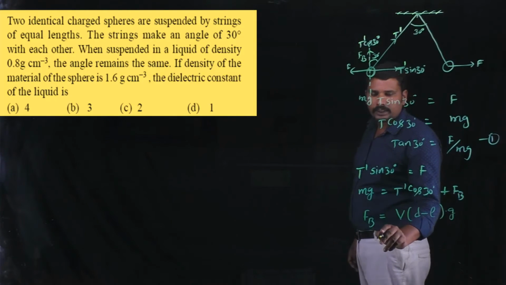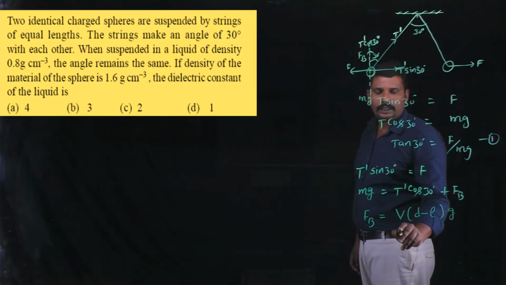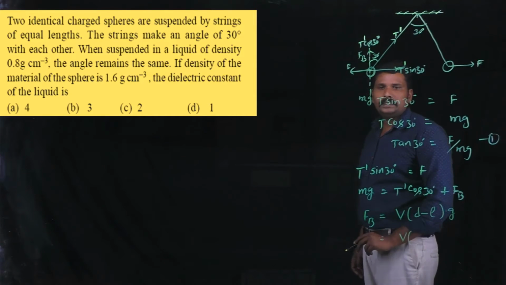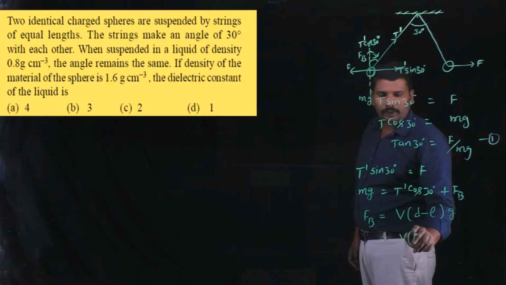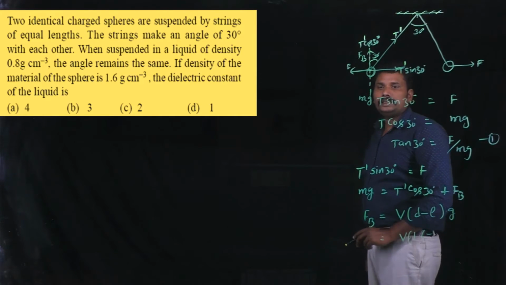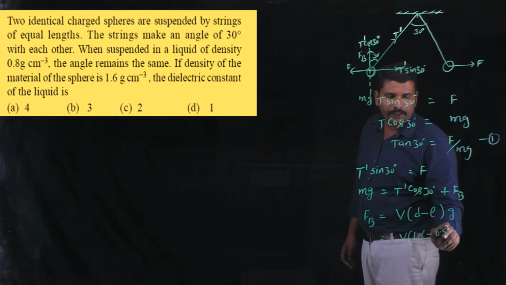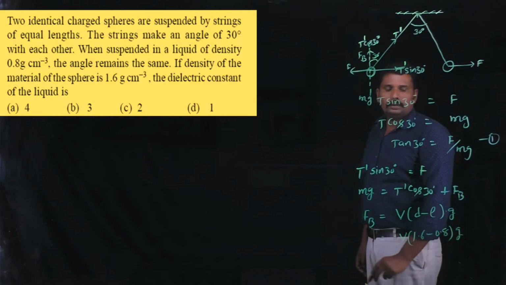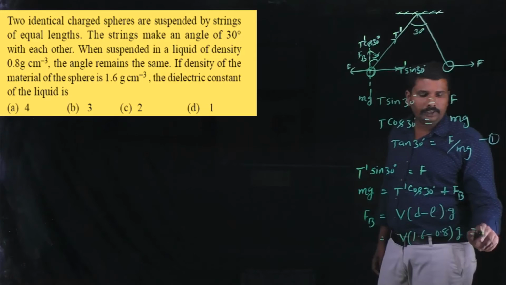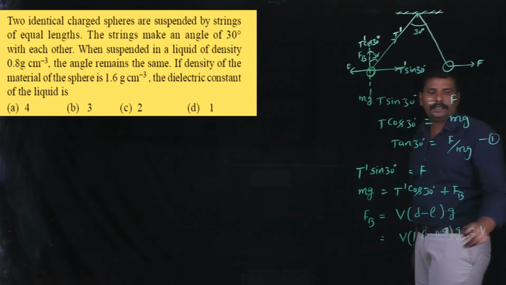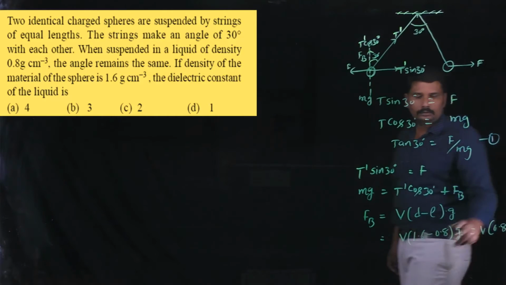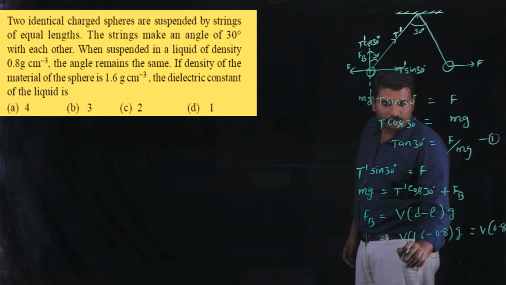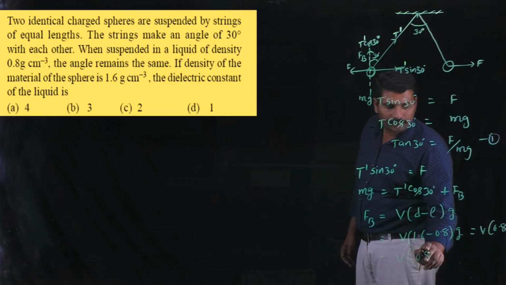From this, it is V into density of the material, 1.6, minus density of the liquid, 0.8, into g. By solving this, we get V into 0.8 into g.